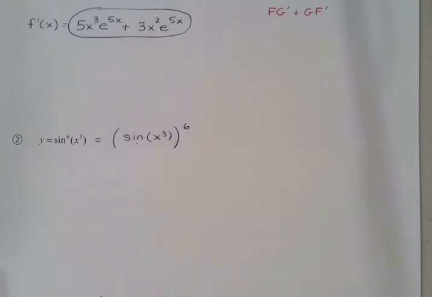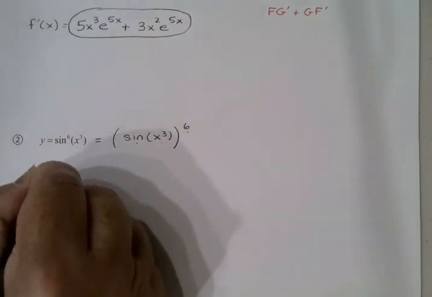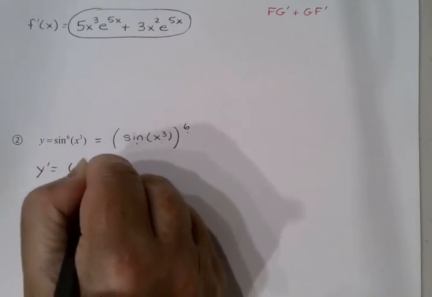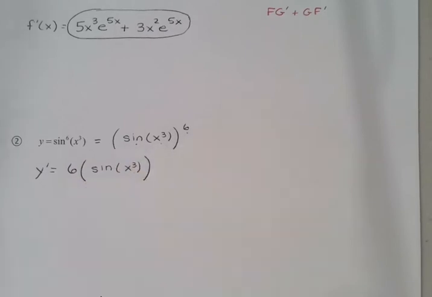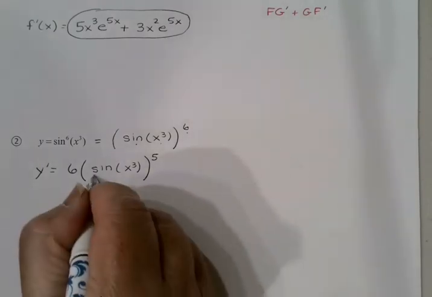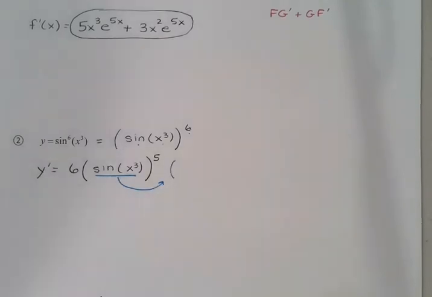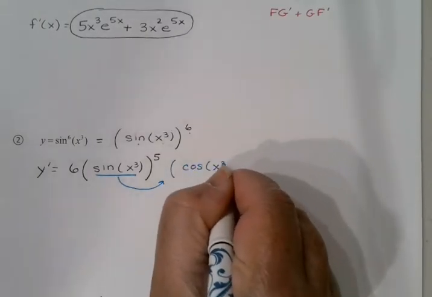So we're going to use a double chain rule on this. I start with the outermost function. The derivative there is just a power rule. 6 times the sine of x cubed raised to the 5th power. I now go to my inner function and take its derivative. The derivative of sine x cubed would be cosine x cubed.